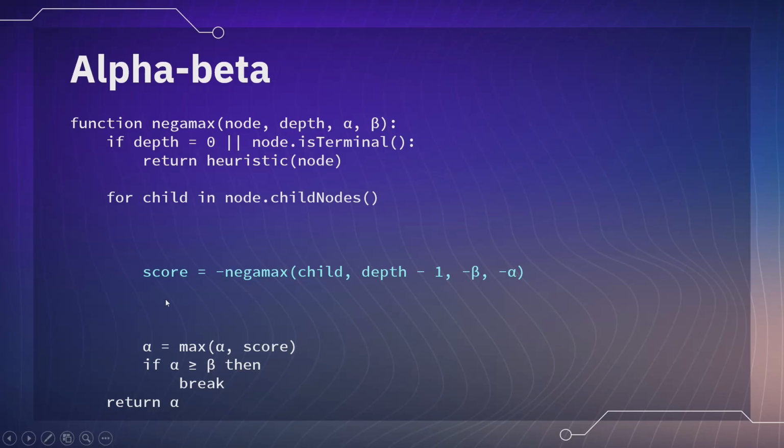Then I obtain score equal to negative negamax with the same alpha beta window at depth - 1. And then I update the alpha value. When alpha is greater than or equal to beta, I prune, and then I return the value of alpha. So that's negamax with alpha beta pruning.